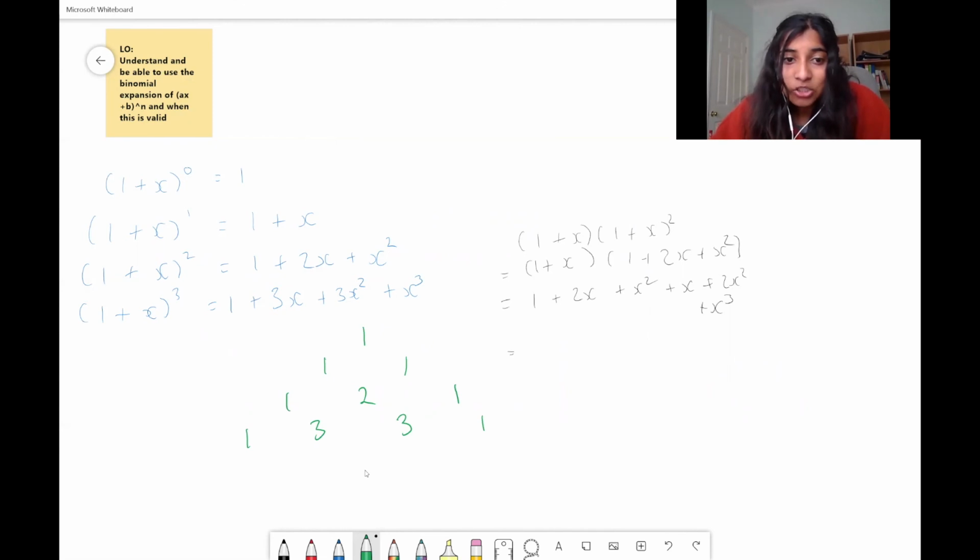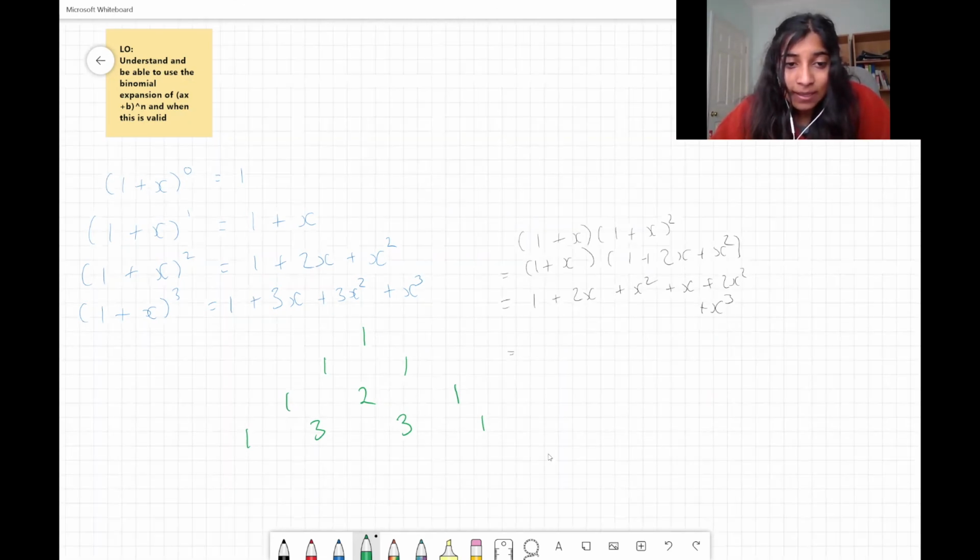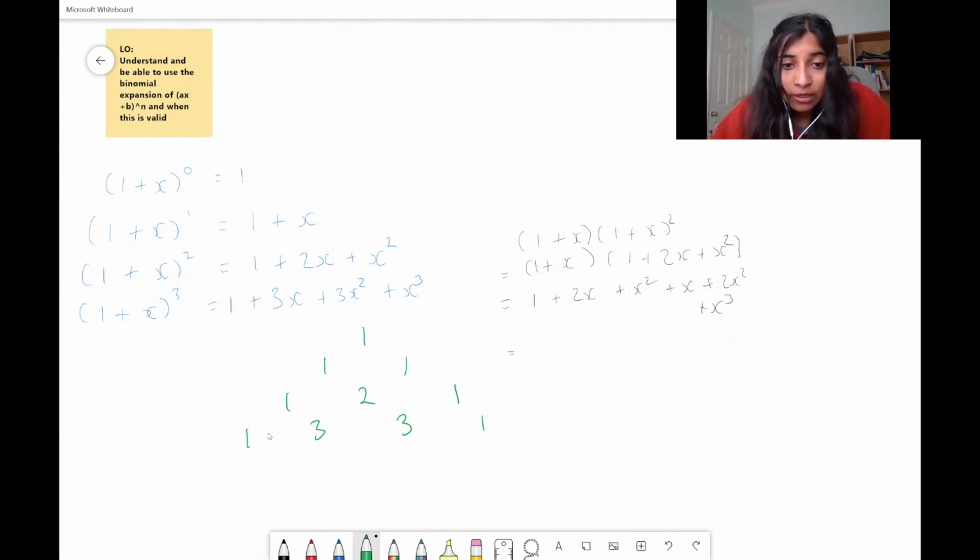And what Pascal's triangle is saying is that every number in the last row is just the sum of the two numbers on top of it. So let's say we do this one. We have 1 here, that's just the sum of 0 and 1, there's no term here, so that's just 1. Then 3 is the sum of 1 plus 2, so that's 3.